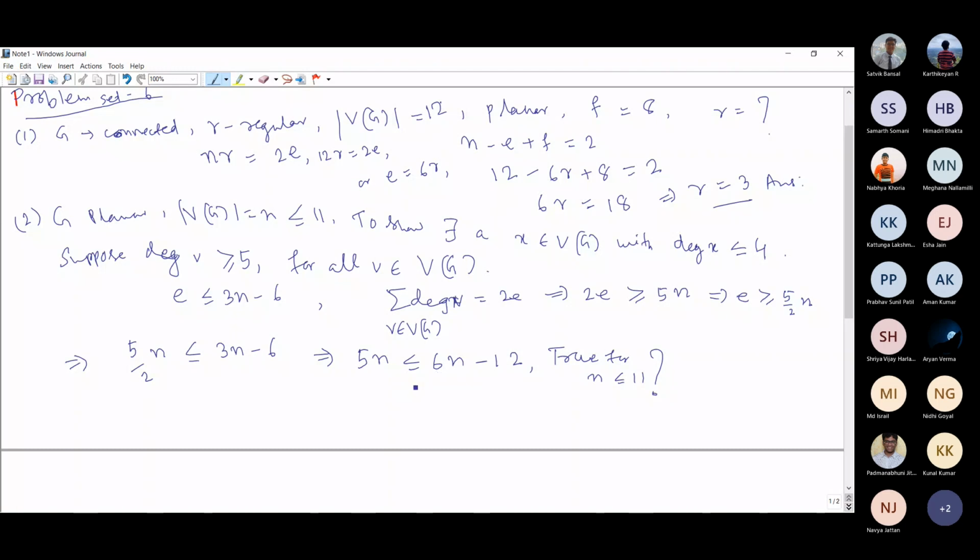Is this inequality true for n less than or equal to 11? What about the other students?